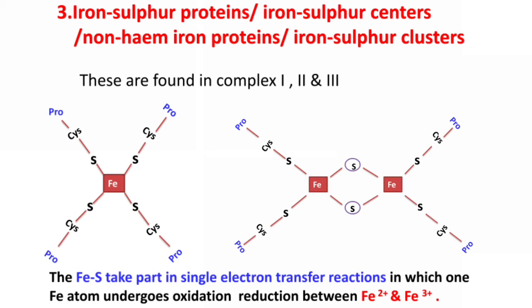So these iron sulfur centers may exist as simple structures with a single iron atom coordinated to 4 cysteine sulfhydryl groups or more complex iron sulfur centers with 2 or 4 iron atoms. The iron sulfur takes part in the single electron transfer reactions in which one iron atom undergoes oxidation reduction between Fe2 plus and Fe3 plus form, that is ferrous and ferric states.